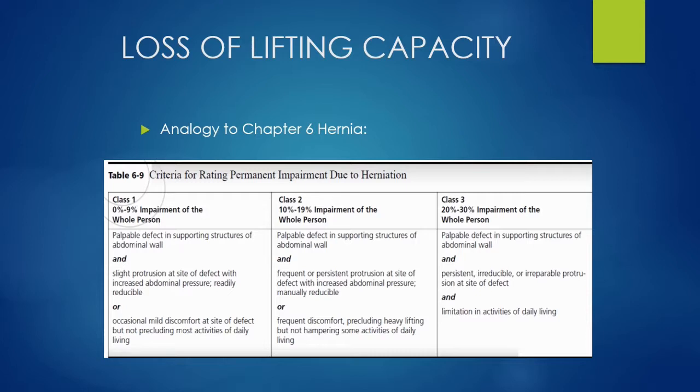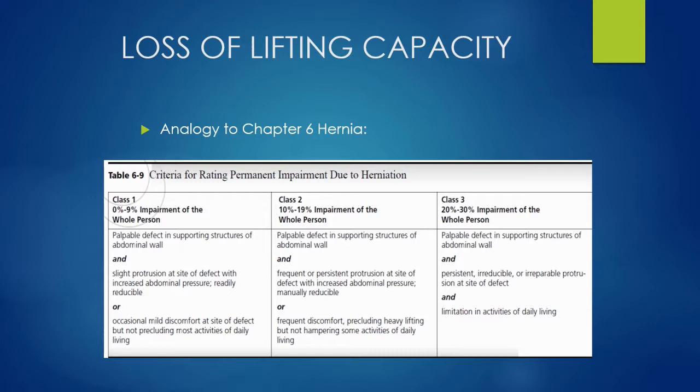Now, this is particularly relevant for those examinees who have a loss of lifting capacity as a result of either a shoulder surgical procedure or as a result of a degenerative tendinopathy of the shoulder, which simply leaves them with a painful and weak shoulder and a loss of activities of daily living, specifically those that involve lifting.